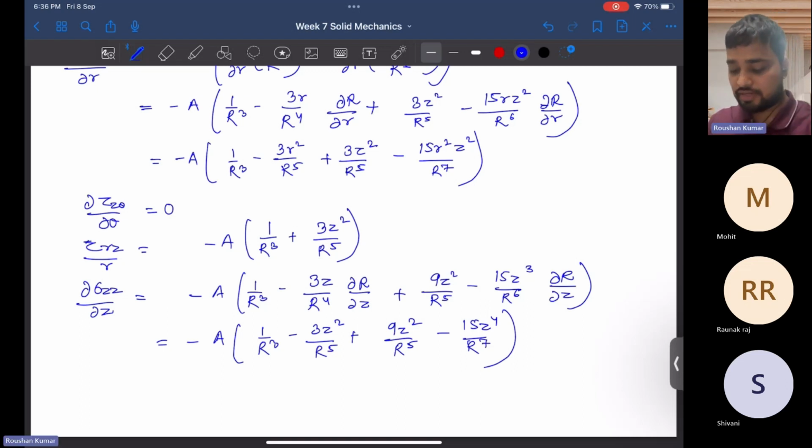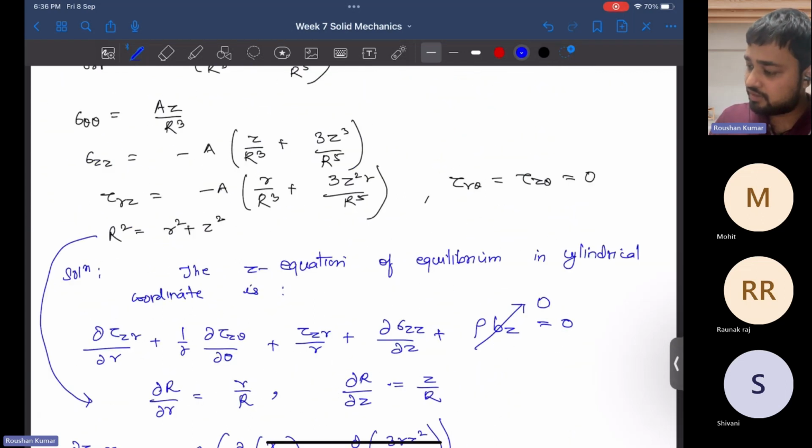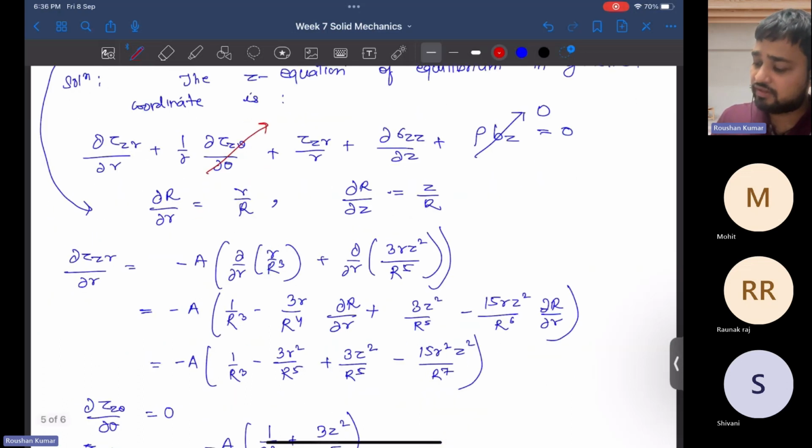Now when we evaluate this, that is del tau zr upon del r plus tau rz upon r plus del sigma zz upon del z, because the other term, the z theta term, is canceled out, only three terms are left.